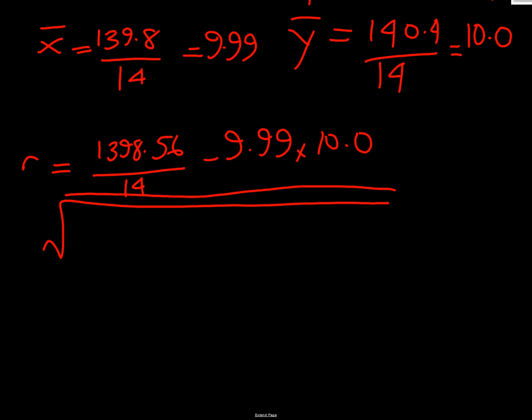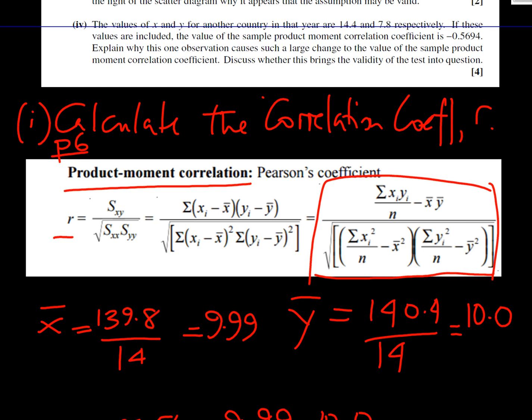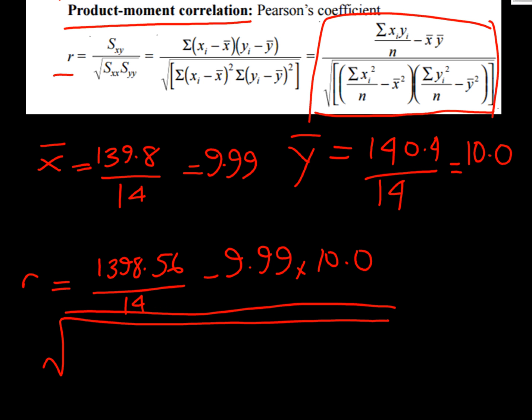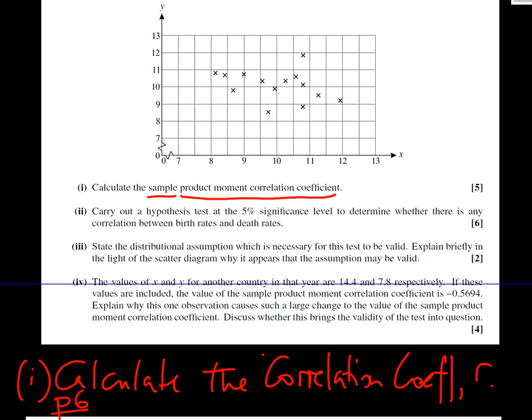So we need the sum of x squared, 1411.66 over 14 minus x bar, 9.99, all squared, and in the second bracket is the sum of y squared.